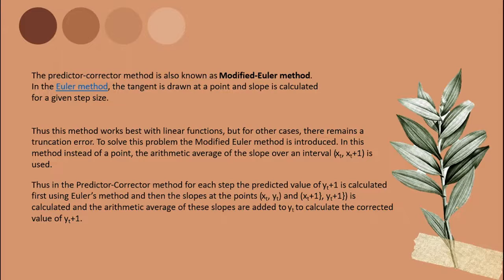Thus, in the predictor-corrector method, for each step, the predicted value of y sub t plus 1 is calculated first using Euler's method, and then the slopes at the points x sub t, y sub t and x sub t plus 1, y sub t plus 1 are calculated, and the arithmetic average of these slopes is added to y sub t to calculate the corrected value of y sub t plus 1.